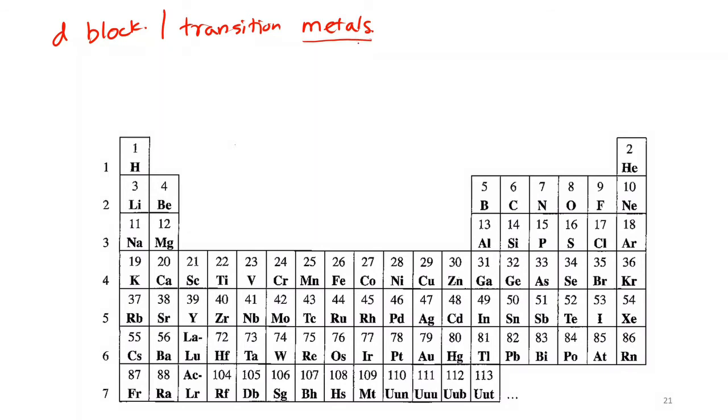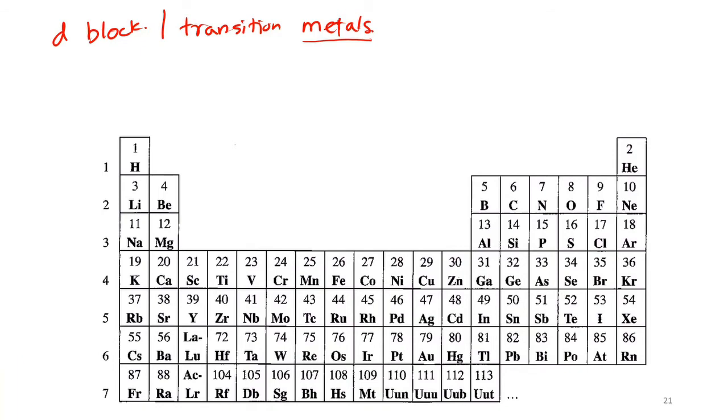Everything in this block are metals. You don't have any gases. You don't have any non-metals. If you think about something like carbon, carbon is a non-metal, but everything in this D block, they are all metals.